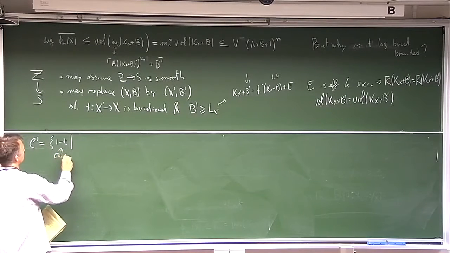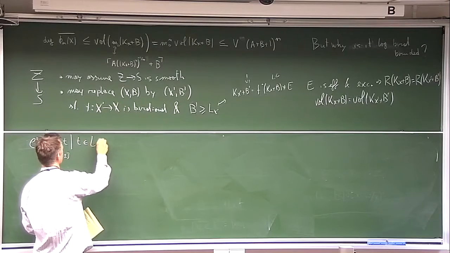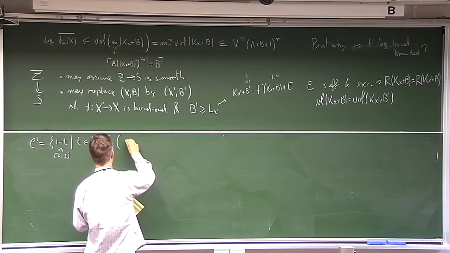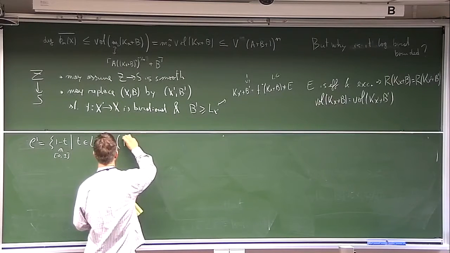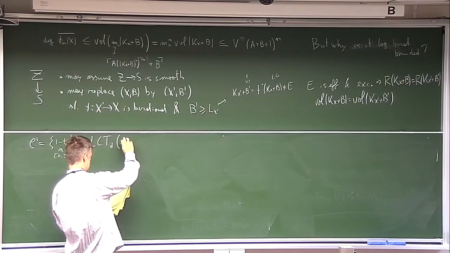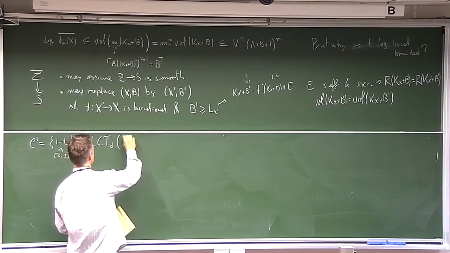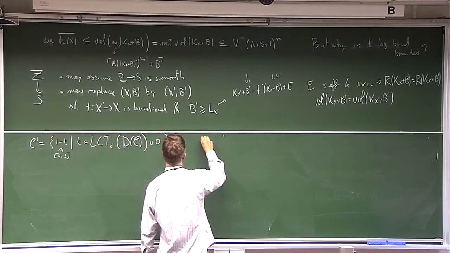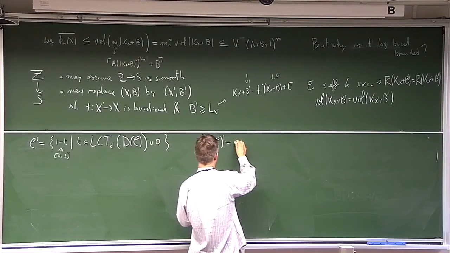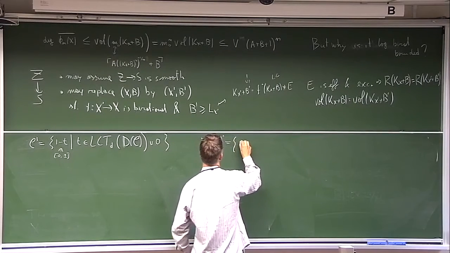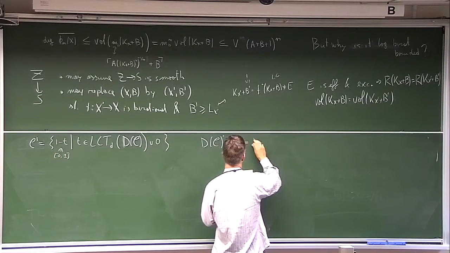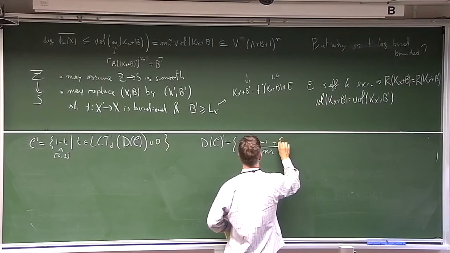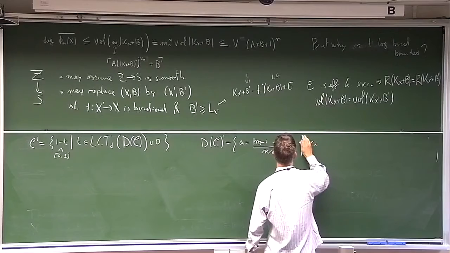They have to be in the interval between 0 and 1, such that t arises as a log canonical threshold in dimension d of pairs where the coefficients have the form, let me call it D(C), union possibly 0, where this derived set of C is of the form 1, let's say, (n minus 1)(m minus 1) over m plus the sum of Ci, where the Ci's are in C.